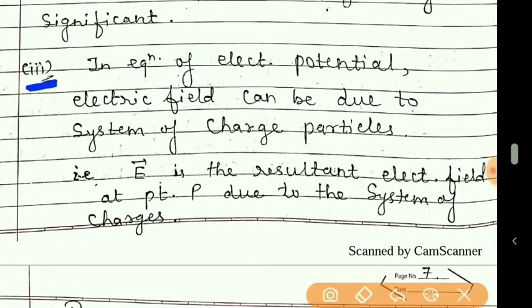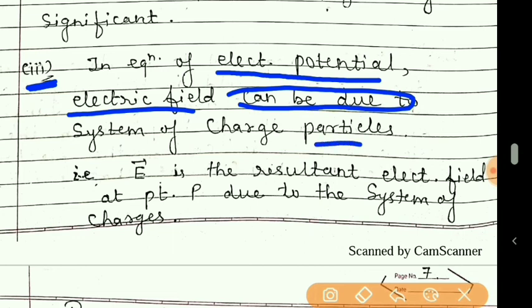Third point says that when we find electric potential in an electric field, then that electric field can be due to a system of charged particles.